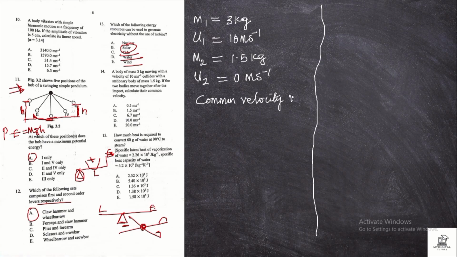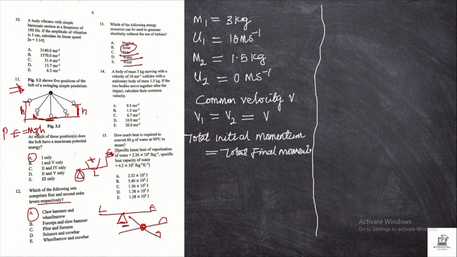The common velocity comes from the fact that the final velocity of mass 1 is equal to the final velocity of the second mass, which is v. That is the common velocity because they stick together, they coalesce after impact. So remember momentum. Total initial momentum is equal to total final momentum.